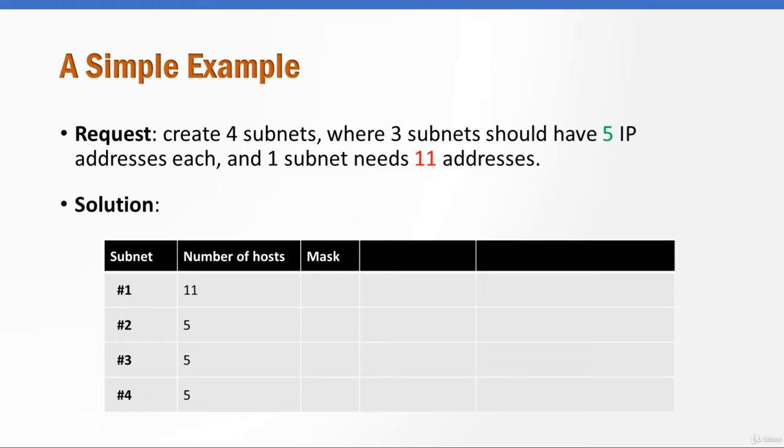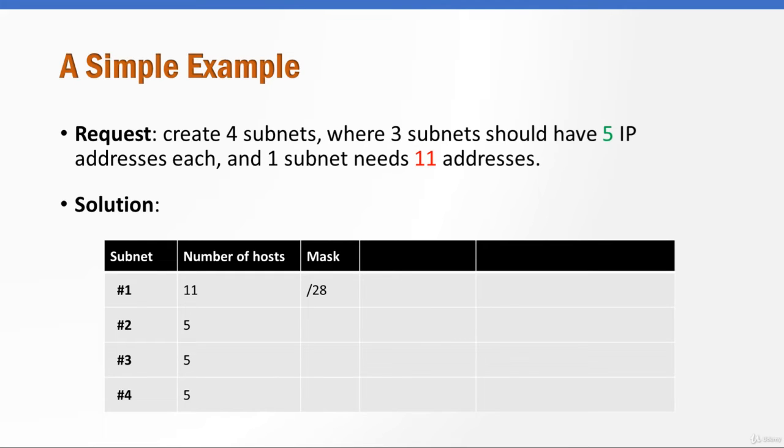If we used 3 bits, that wouldn't be enough. 2 to the power of 3 is 8. So that's not enough for our largest subnet. If we were to use 5 bits, that's too much. That's wasting IP addresses because 2 to the power of 5 is 32 different IP addresses. We need 11, and we can get 11 by using 4 bits. So that's what we're going to do.